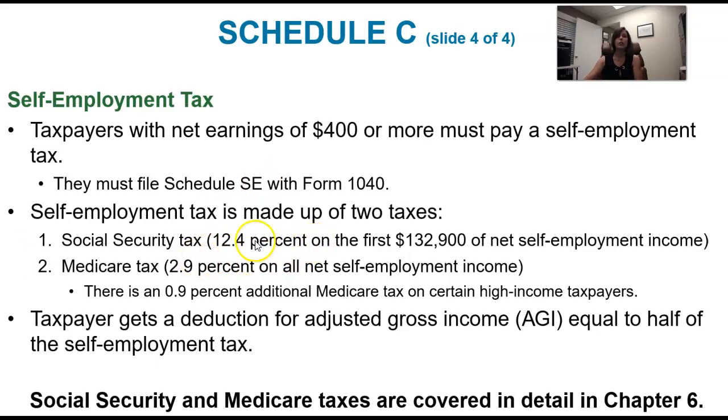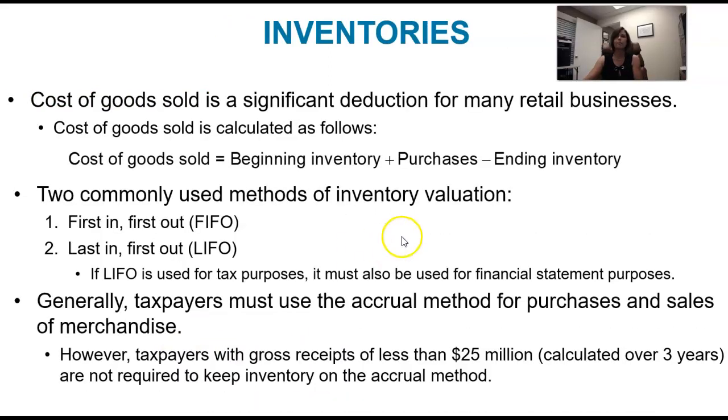So they get hit twice as hard for the self-employment tax. And they will get a little bit of a deduction for it, but not enough to offset the fact that they're really paying more than they would pay if they were working for an employer and making identical wages.